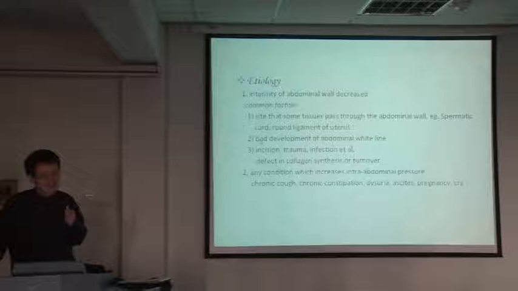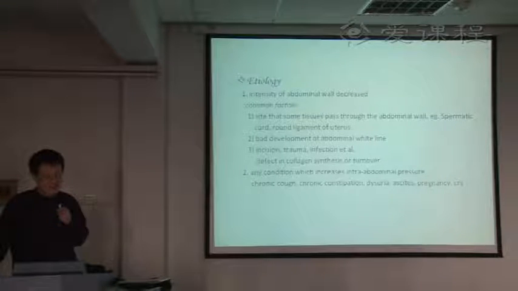Any factor that causes a defect is a common factor of the hernia. Look, this is bad development of the abdominal white line, so it's an epigastric hernia. Incision, trauma, infection, or any defect in collagen synthesis, like some metabolic disease, inborn congenital disorders.